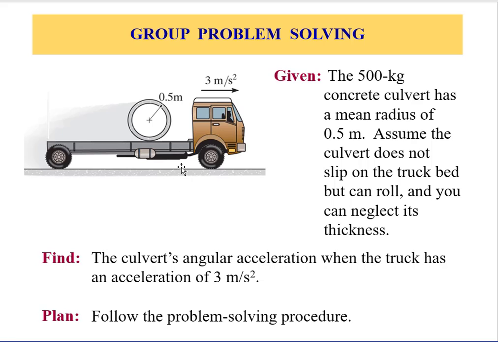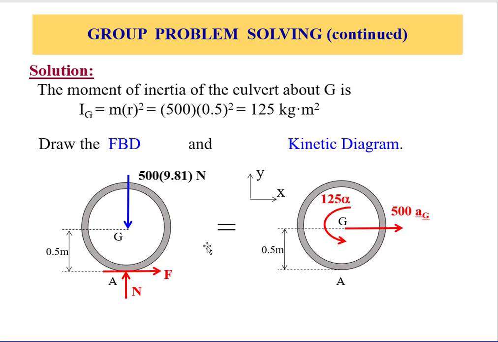Now we don't have to write all the equations. Since we're only looking at the angular acceleration, we're going to focus on that. Alright, so the moment of inertia for this culvert about G is simply mr squared, and that's going to give us 125 kilogram meter squared.